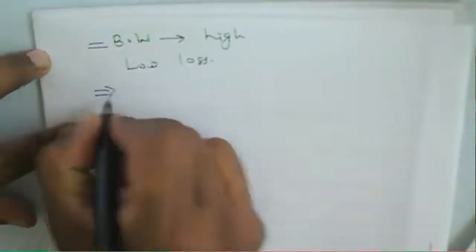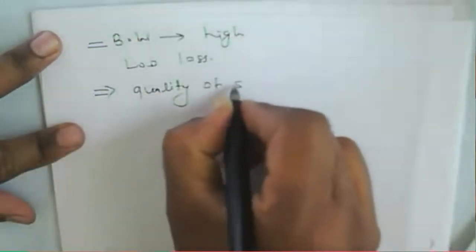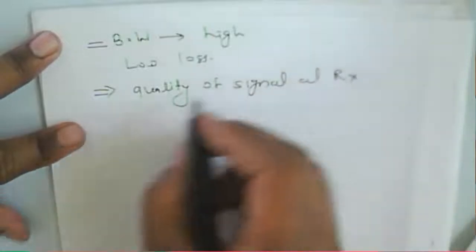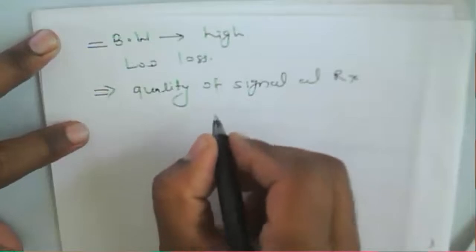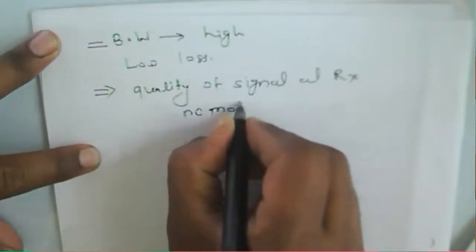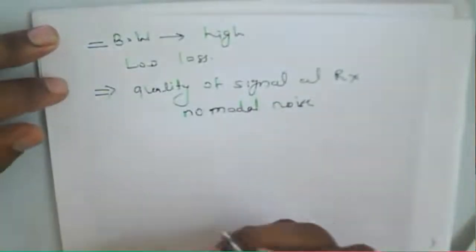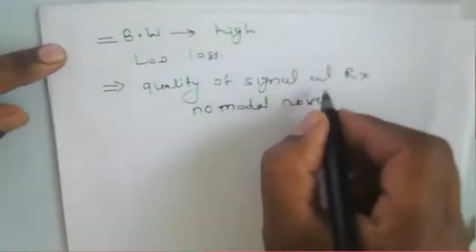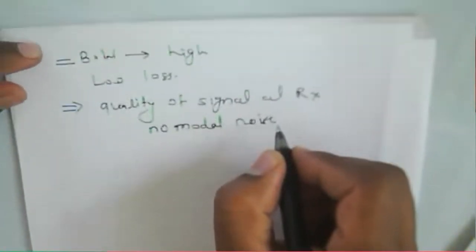And the quality of signal at a receiver will be good because there is no modal noise. So the quality of signal at a receiver will be increased because of the low loss.